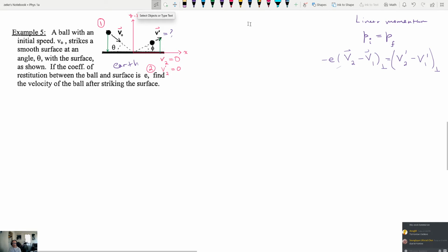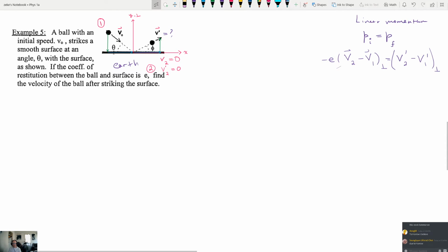Then maybe light blue for the x direction. Its initial velocity vector in the x direction goes this way, and its final velocity vector in the x direction goes in the same direction. In fact, if I did this right, these 2 vectors should be exactly equal to each other. They're a little bit off, but that's okay.